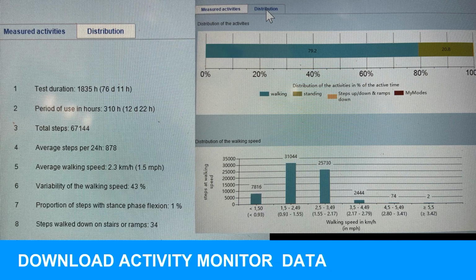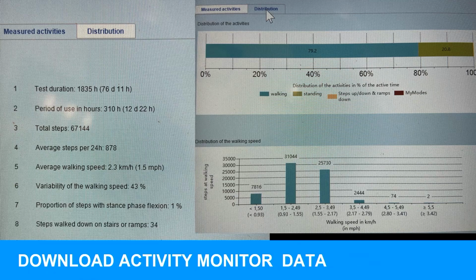This is a patient pre-osseointegration, and this is on a microprocessor knee from Ottobock. And you can see that he had a painful distal femur in his socket. His average step count was 878 steps, pre-OI. His variability of walking, it's still changing, 43%, that's decent. That number, the proportion of steps with stance phase flexion, this is something we need to study.